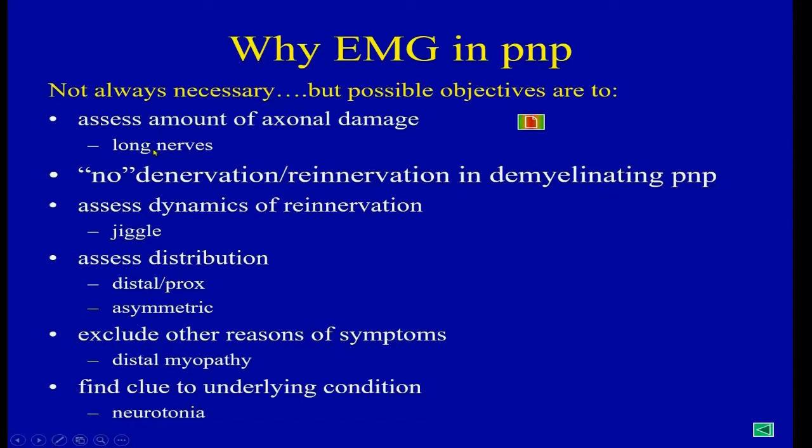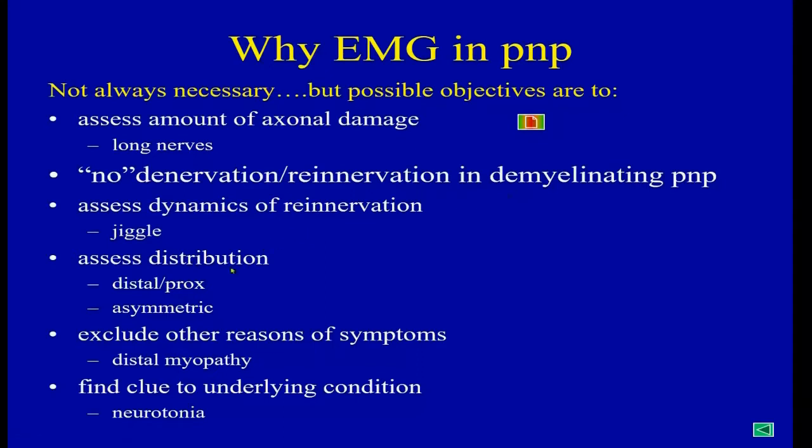We want to see if in this case of polyneuropathy we have very little denervation, speaking in favor of a demyelinating polyneuropathy. And if it is ongoing denervation or reinnervation, we have unstable motor units.